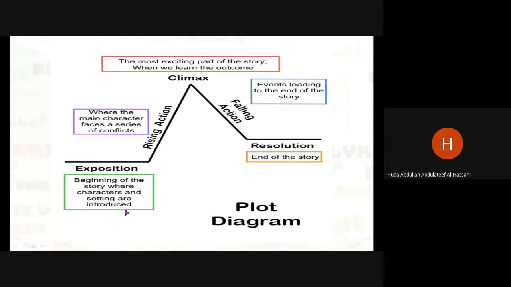For example, to be obvious, I will use a film. Guys, if you saw before, there is a movie, maybe, about crime. In the first scene, the hero will encounter a crime and a criminal, and this criminal will escape.